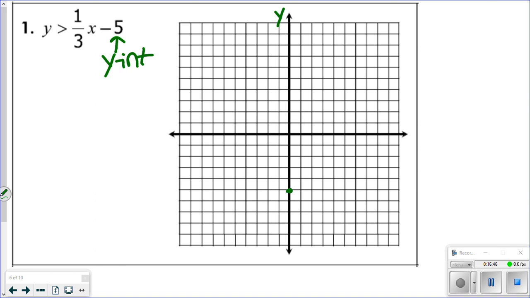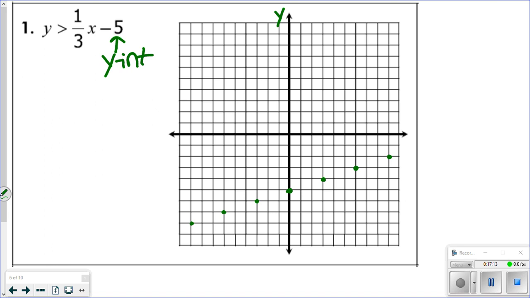Plot your point. My slope is a positive 1/3, so up 1, right 3. Up 1, right 3. Down 1, left 3.